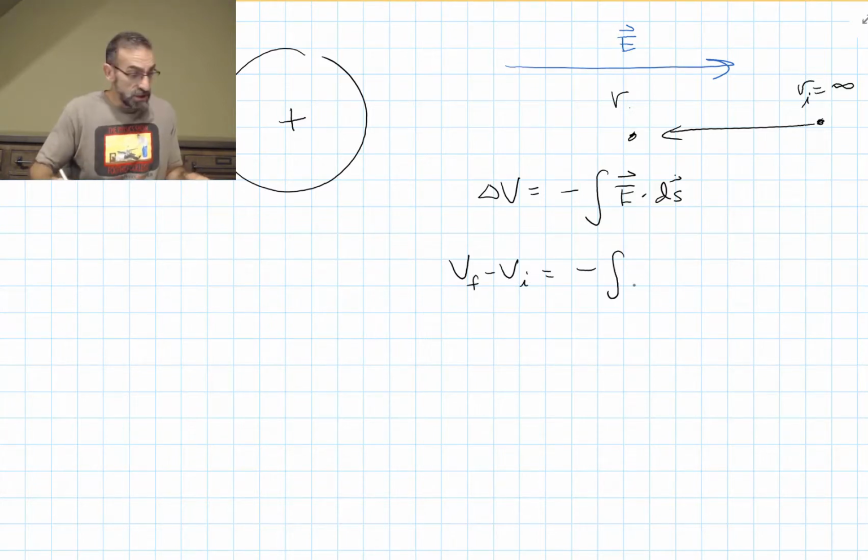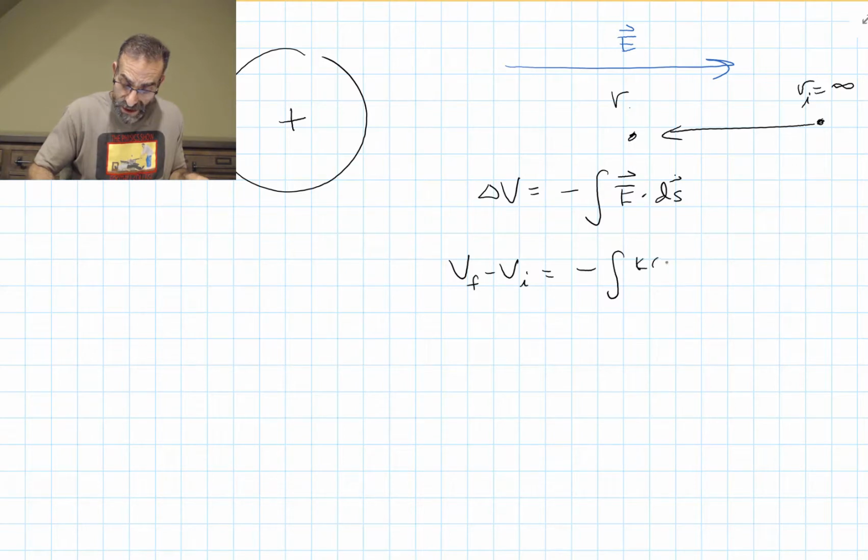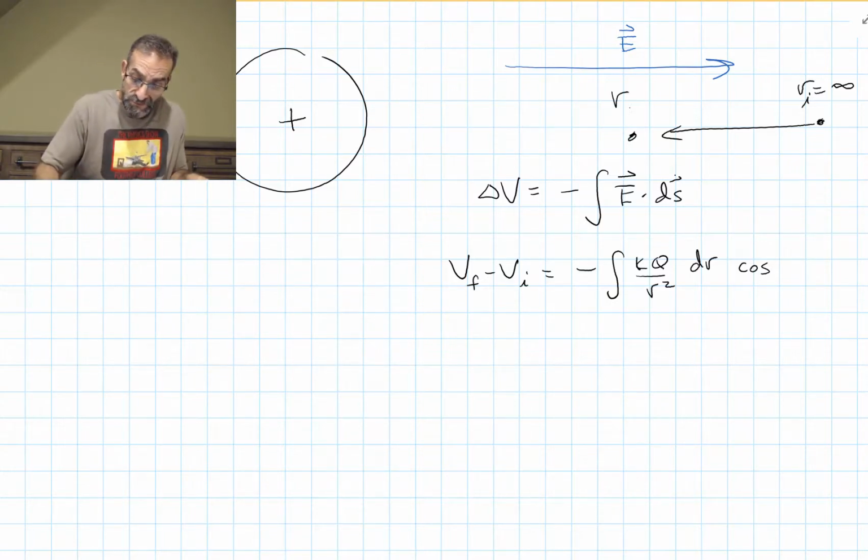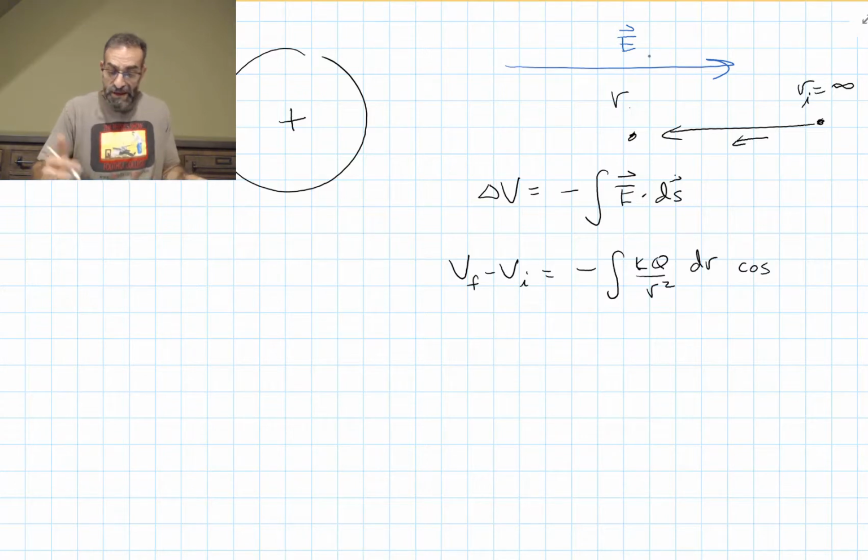And we know our E in this region of space is kq over r squared. We have a dr, and we have a cosine. We have a dot product between E and ds. ds, in this case, is pointing in. We're coming in this direction, but our electric field points out.